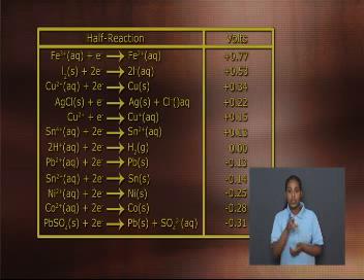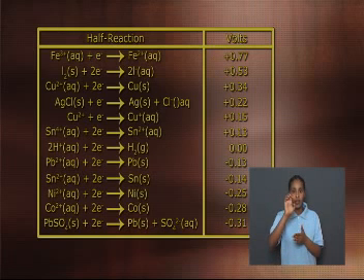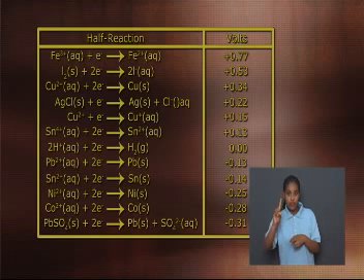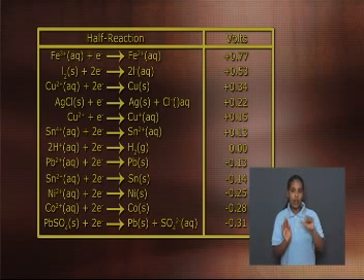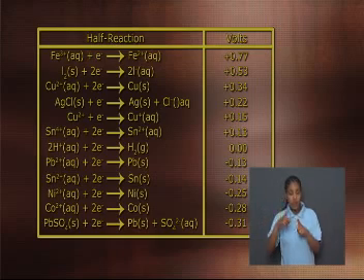There are two things we must remember when looking at this chart. The E-red values apply to the half-cell reactions as read in the forward or left to right direction. Also, the more positive E-red is, the greater the tendency is for the substance to be reduced.